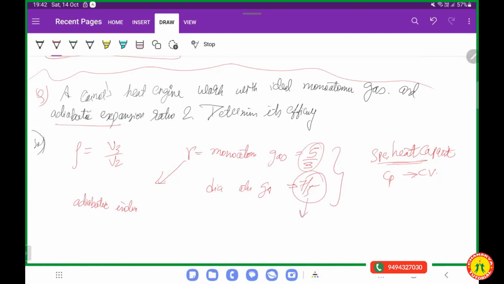In this one, a diatomic molecule has 5 degrees of freedom. Degree of freedom means it can move in translatory and rotational ways.